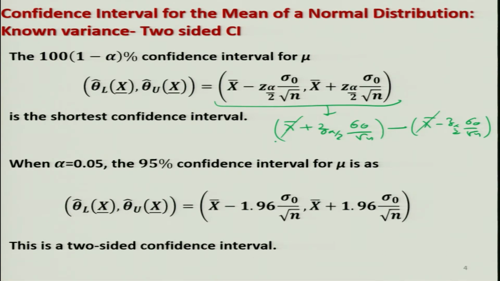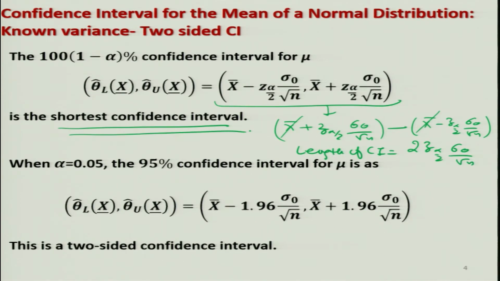So, this x bar gets cancelled out, and the length of the interval here is simply 2 z alpha by 2 sigma 0 upon root n. So, this is the length of the confidence interval. Briefly, we write CI many times for confidence interval, right. So, this interval that you have obtained here is the shortest confidence interval.